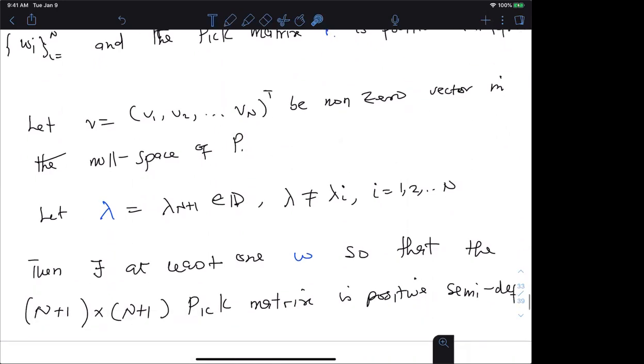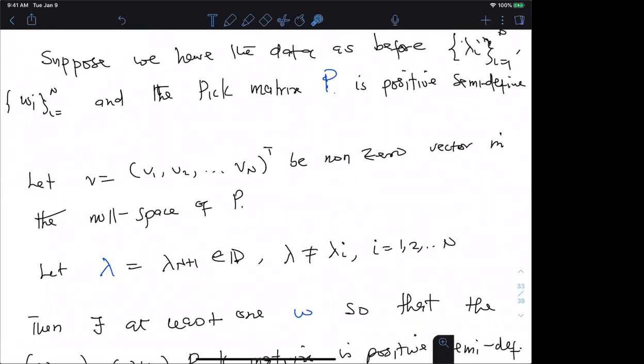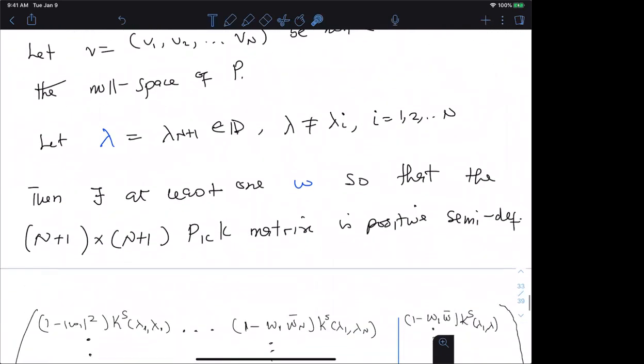Then for any lambda in the disk such that it is not equal to any of the original nodes, there is at least one omega such that the new Pick matrix, which is n plus 1 by n plus 1, is still positive semi-definite.